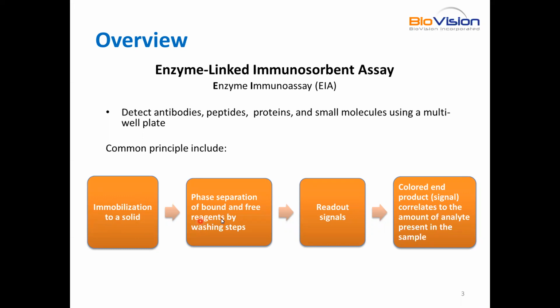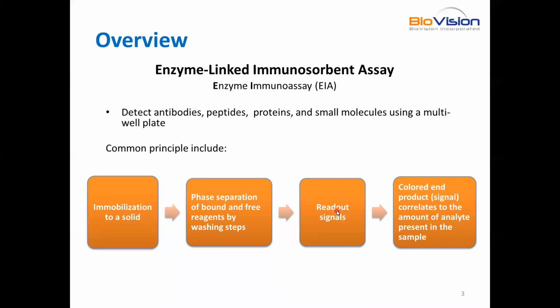The readout, which is a signal, can be in the form of a colorimetric, fluorometric, or luminescent signal. The ELISA procedure results in a colored end product, which correlates to the amount of analyte present in the original sample. So this is the common principle on which all ELISA assays are based.